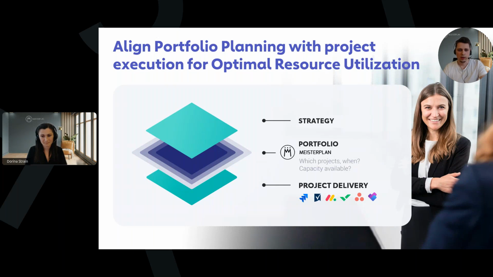So the two key questions we always ask, you might know them already. Which projects do we want to do and when? And the second is, are the required resources available at the right time? But there's a problem. You can make plans at portfolio level, but resource needs are constantly changing, specifically during project execution.